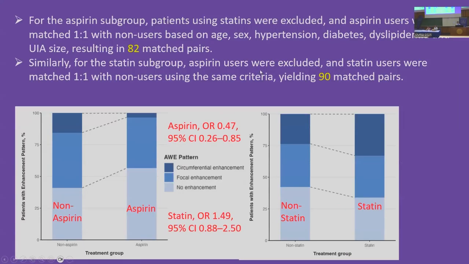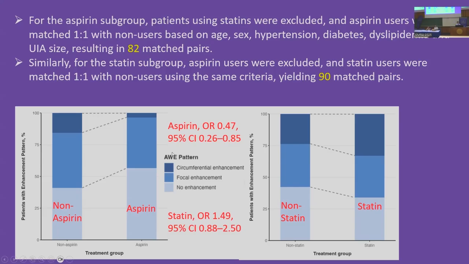For the propensity score matching, we did a one-to-one match, matching patients based on age, sex, hypertension, diabetes, dyslipidemia, and aneurysm size, and we have 82 matched pairs in the aspirin group and 90 matched pairs in the statin group.